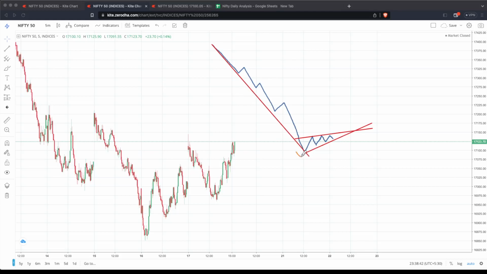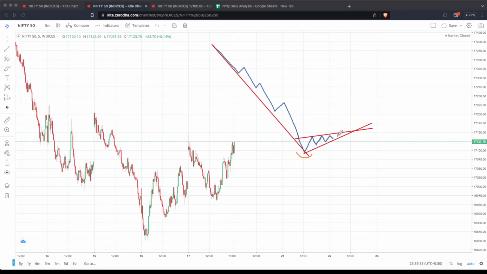It made a low here. It got support, and it tried to go up, but the resistance still played and pushed the price down. And eventually the support also tries to push the price up. So there is a kind of small seesaw movement, but all this is in a rising and tight range. So this is a rising wedge, and it approaches the apex of this triangle or wedge.